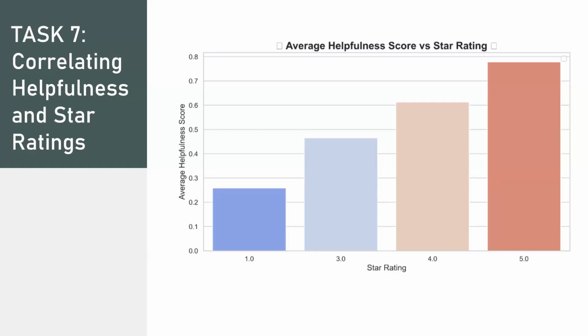Like you can see here, the rating of 1 has a very low helpfulness score of about 2.5 compared to the star rating of 5 that has nearly 7.9. I'll hand over to Helen.